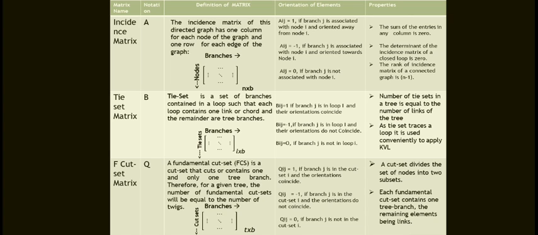So next, the fundamental cut set. A fundamental cut set, FCS, is a cut set that cuts or contains one and only one tree branch. Therefore, for a given tree, the number of fundamental cut sets will be equal to the number of twigs.